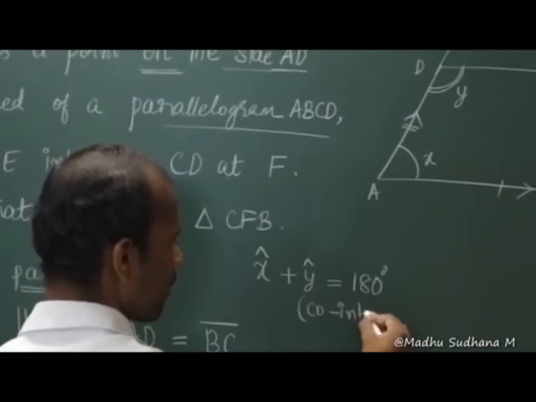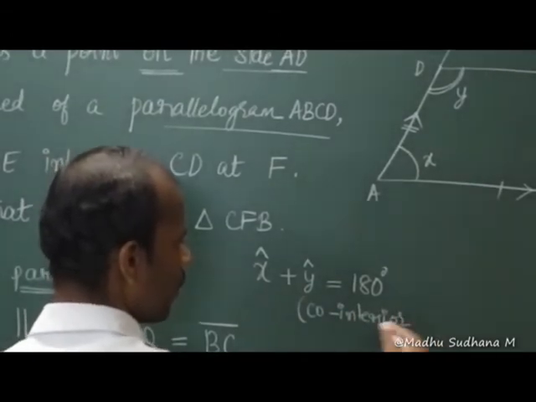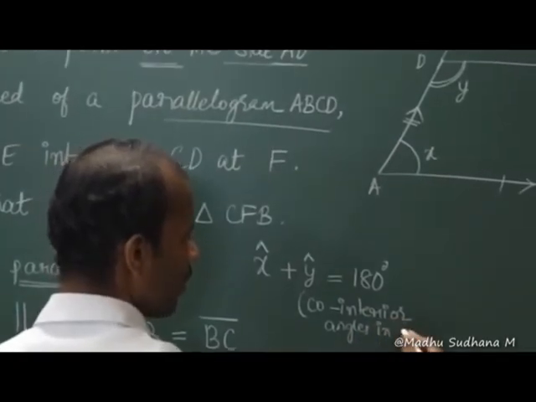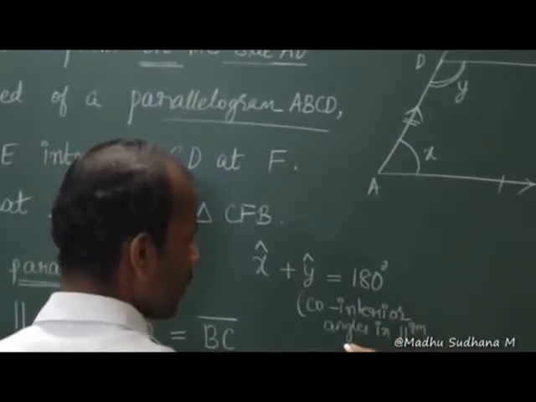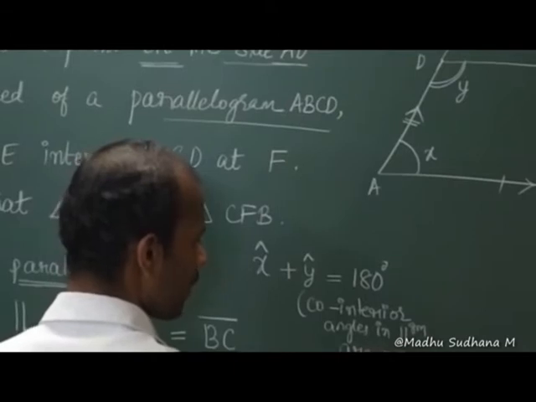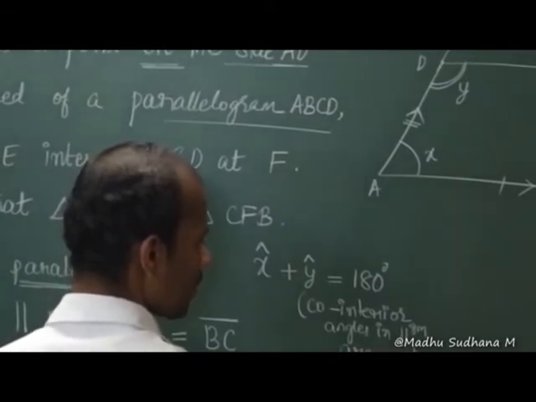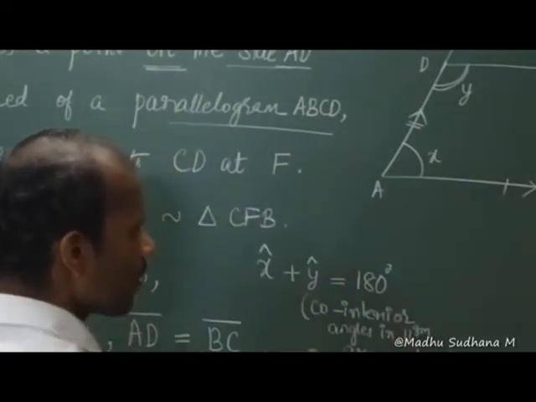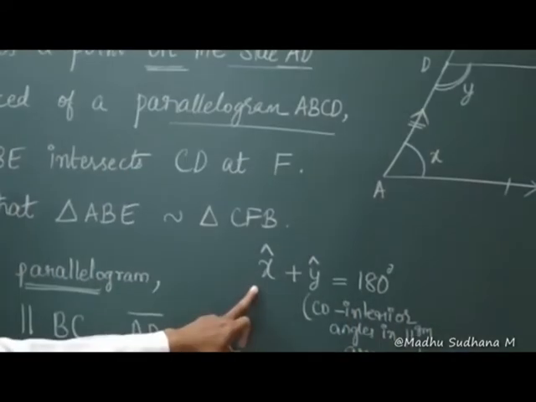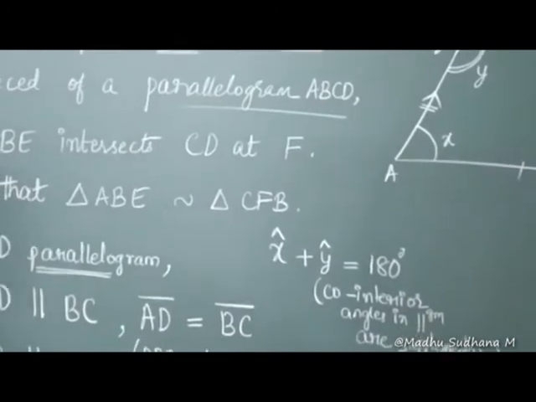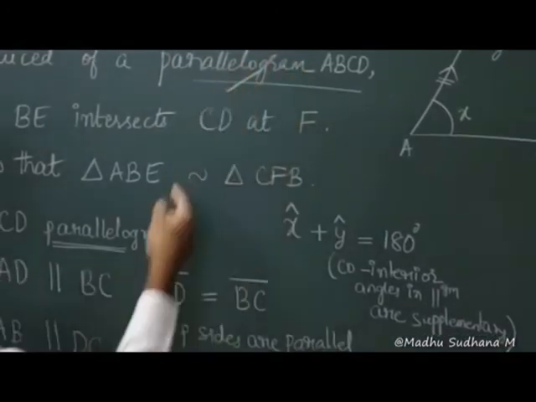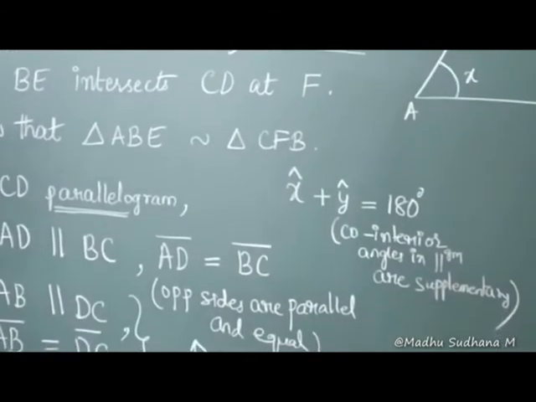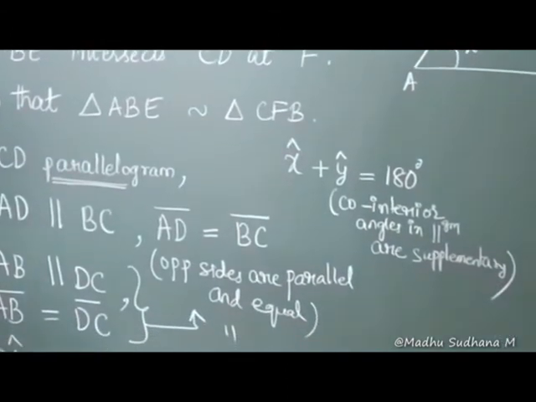Co-interior angles in a parallelogram are supplementary. What is the meaning of supplementary? They add up to 180 degrees. So these are the properties of a parallelogram, and once it is said parallelogram, we need to write all these conditions. So the further part of the question shall be easy for us then.